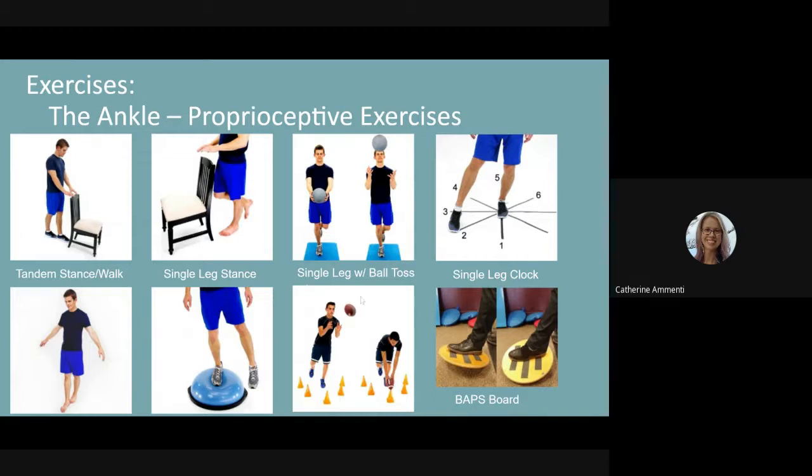I had a patient who was a theater major, and I had her do single leg stance, and she was throwing the ball at a kind of inverted trampoline. There's a name for this, and I can't remember. But you throw the ball at the trampoline, and it bounces back to you, so you can toss it back and forth.